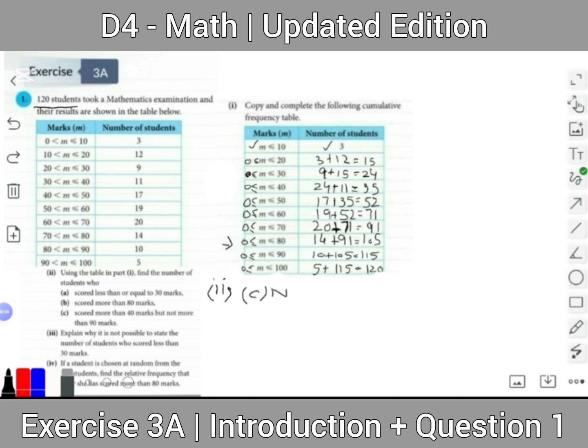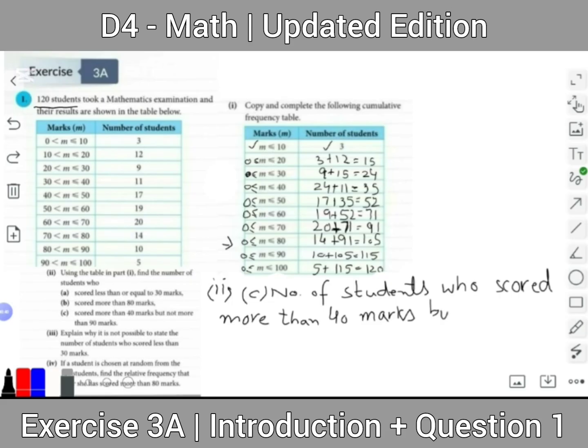So we have to find out the number of students who scored more than 40 marks but not more than 90 marks.